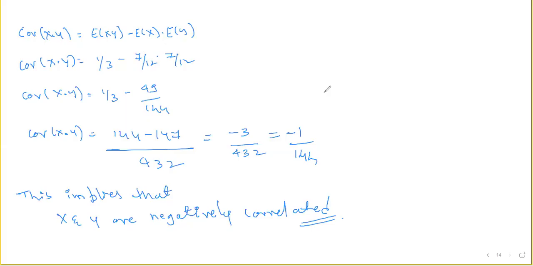This implies that x and y are negatively correlated. Clear? So these are a few examples regarding finding the covariance of x and y, with some basic applied examples, right? In the next session we start with the correlation coefficient, and some examples on the correlation coefficient, right?